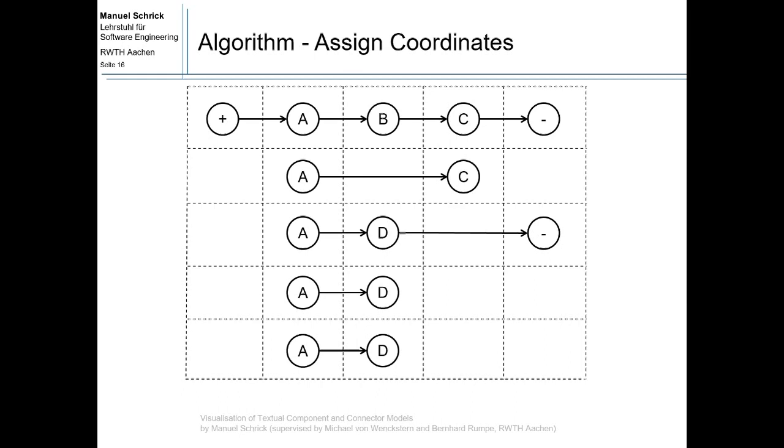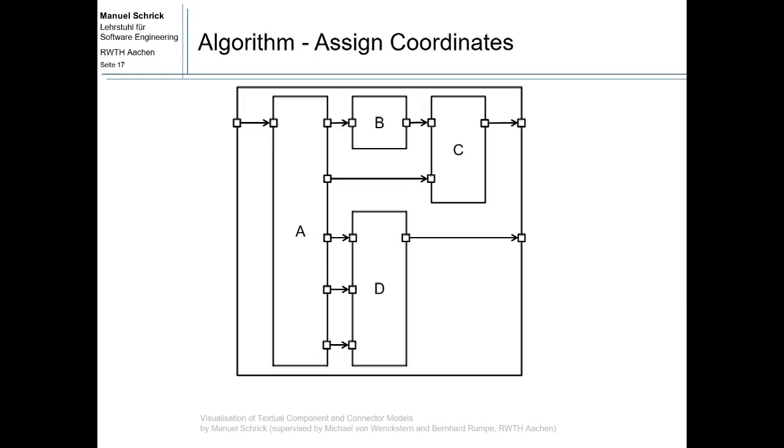And the same thing we do for all the other nodes, except for the enclosing component, which will just take up the whole first column and the whole last column, and thus surrounds all of the internal components.